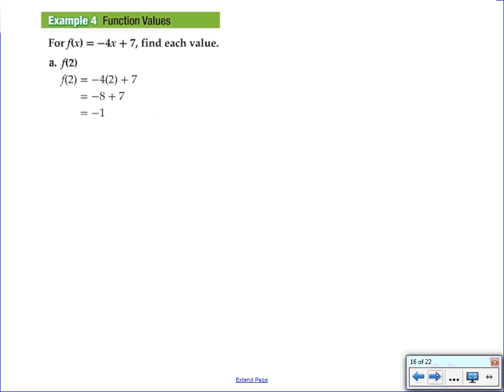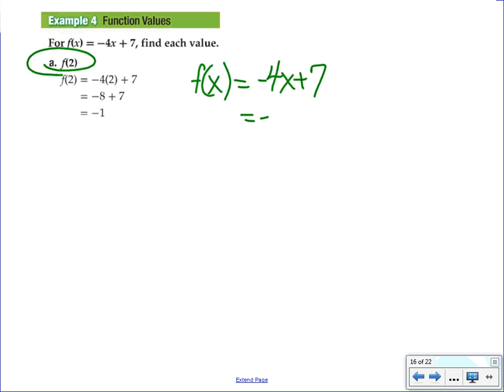So here we have f of x equals negative 4x plus 7. Now, if we have f of 2 for f of x, so x is 2 in this case. We would substitute in a 2: f of 2 is negative 4x plus 7. So if we're substituting in every place there is an x, we're going to put a 2.